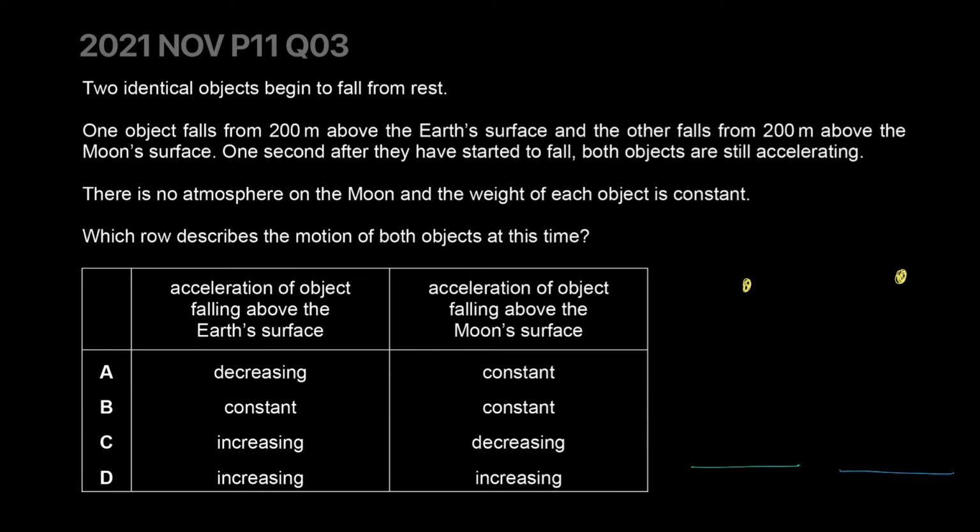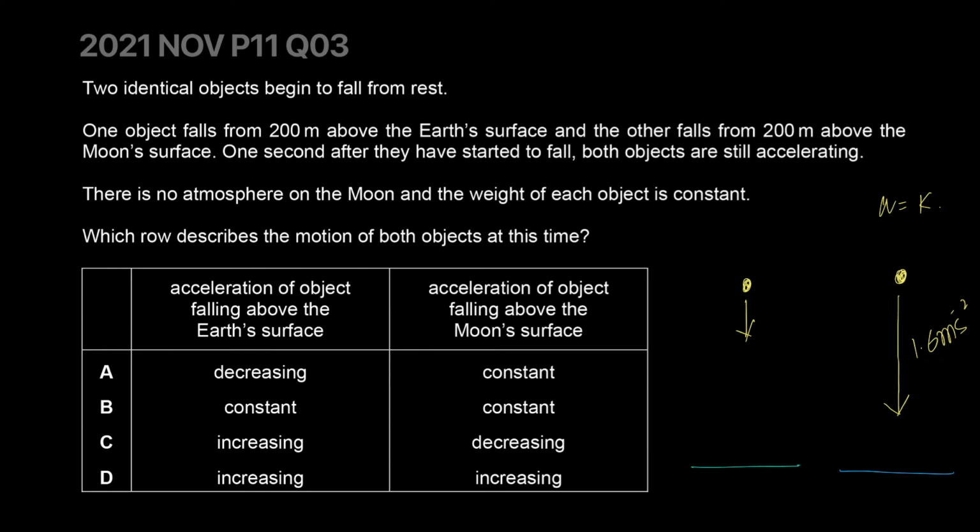But there's no air resistance on the Moon, so throughout its entire journey the object will fall at that 1.6 meters per second squared. So throughout the journey, the acceleration will be constant. And over here, as soon as it starts moving, it's at 9.81 or 10 meters per second squared. Let's go with 10.